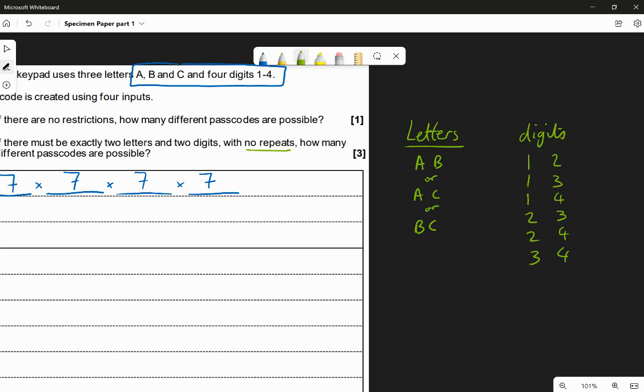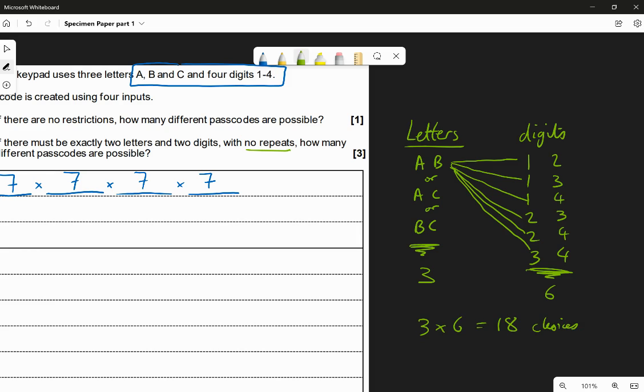So I could choose this AB with the 1, 2, or the AB with the 1, 3, or the AB with the 1, 4, etc. So for each of these 3 choices, I have 6 possible choices there. So there are 3 times 6, so there are 18 choices of character. So there are 18 possible choices of the types of character that I'm going to choose.